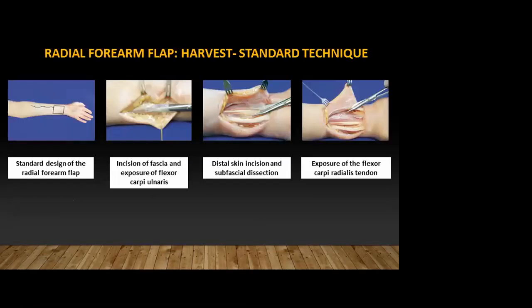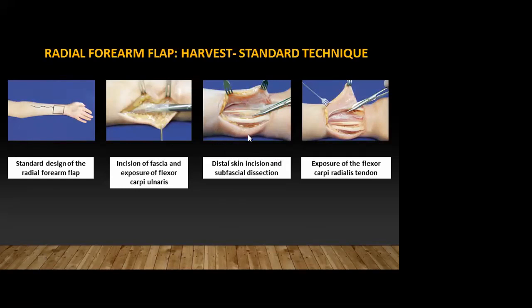A word about the harvest technique in the radial forearm flap. This is a standard technique. So this is the standard design of the radial forearm flap, the first one. Next, we put an incision of the fascia and expose the flexor carpi ulnaris, distal skin incision, and a subfascial dissection.